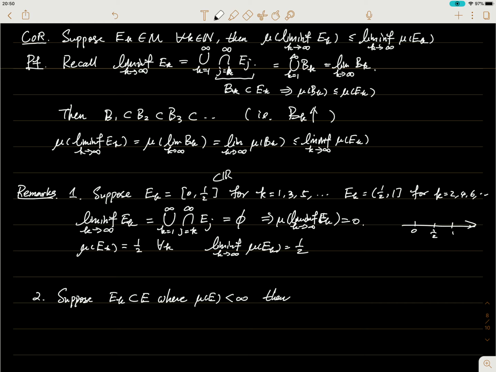Then we actually can have, let me write it another way, mu of the lim sup, the upper limit, will be bigger than or equal to the upper limit of the measure.